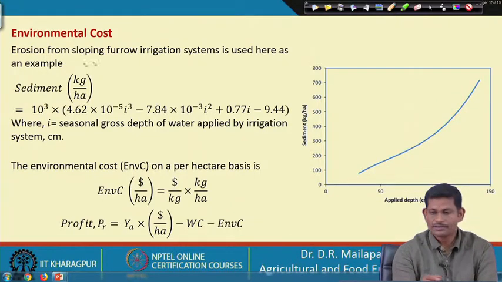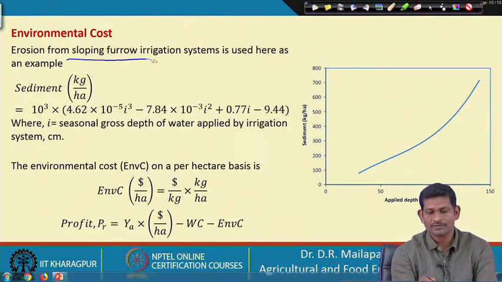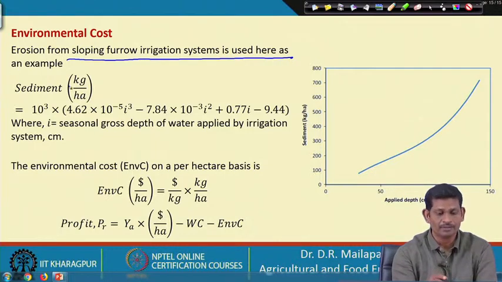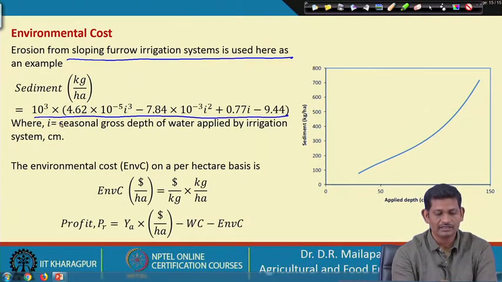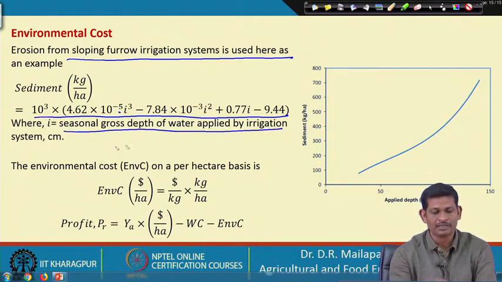So, here the example is erosion from a sloping furrow irrigation system. Sediment in kg per hectare is computed with this empirical equation, 10 to the power 3 times 4.6 into 10 to the power minus 3 times I cubed, where I is the seasonal gross depth of water applied by the irrigation system in centimeter.